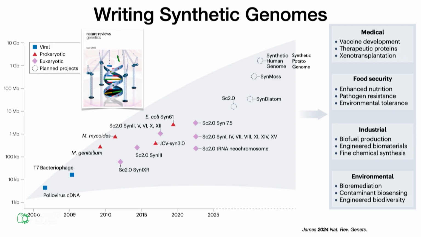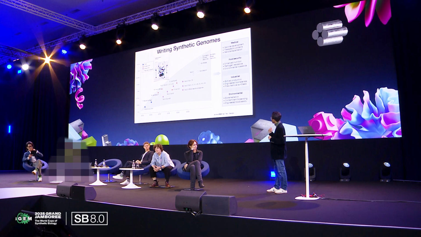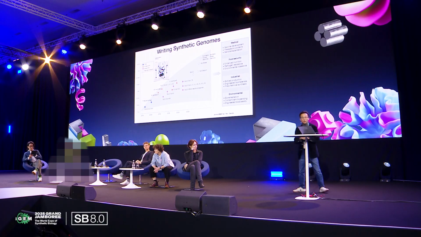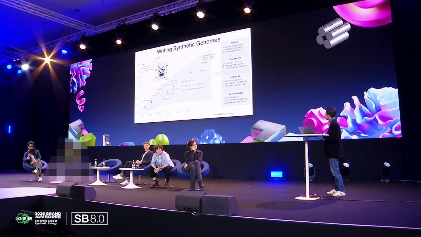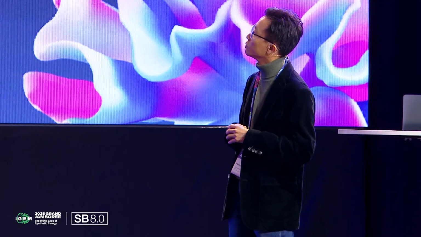These are virus DNAs, and the T7 was pioneered by Julius, and then moved on to bacterial genomes, exemplified by the work from the J. Craig Venter Institute and Jason Chin's lab in LMB Cambridge. And I coordinate the first synthetic eukaryote genome, Sc2.0, with Jef Boeke. So we have been building eukaryote genomes.